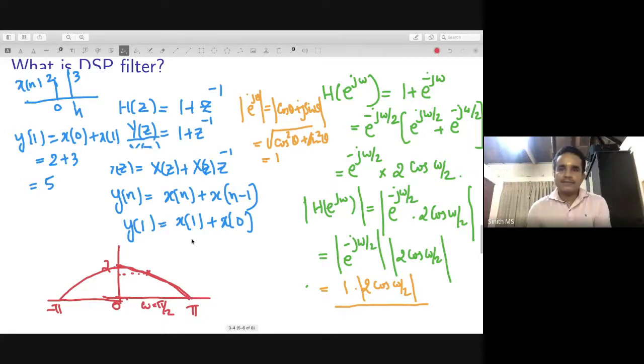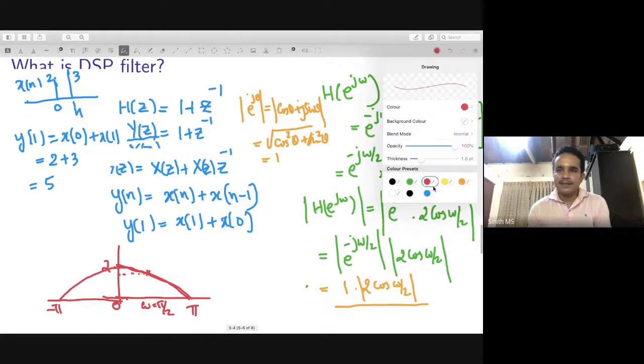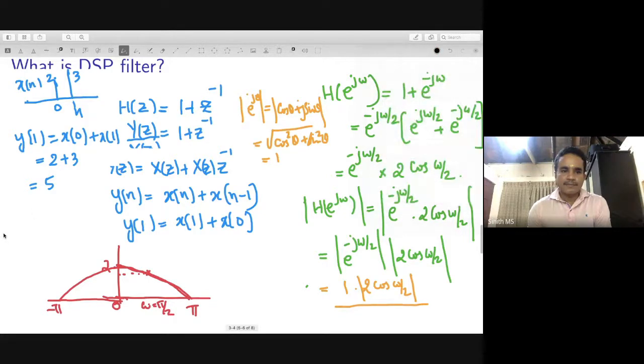So when you have some signal coming in, suppose this is x[n], and you need x[n-1] also. x[n] + x[n-1] is y[n].